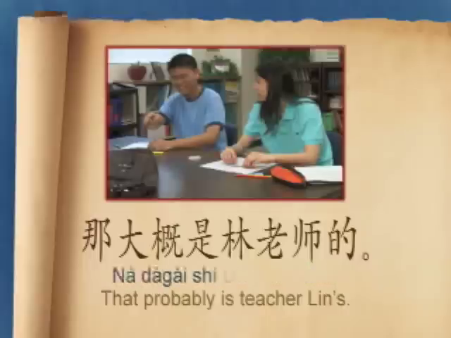Listen. 那大概是林老师的。那大概是林老师的。那大概是林老师的。Now, repeat the sentence after me. 那大概是林老师的。那大概是林老师的。那大概是林老师的。Excellent!